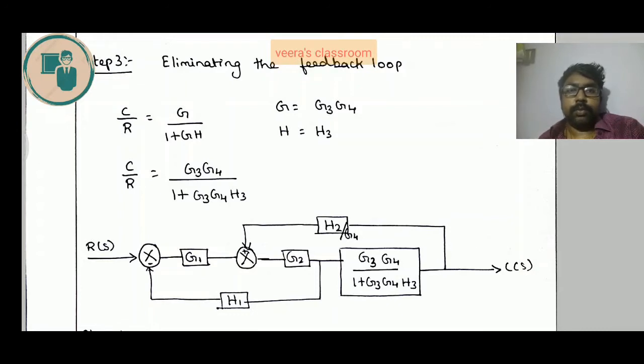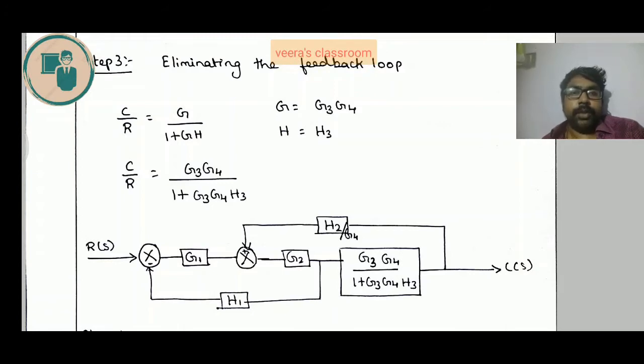Either you move the branch point between G2 and the next block, G3, G4 divided by 1 plus G3, G4, H3, to the right, or else you can move the branch point between G3, G4 divided by 1 plus G3, G4, H3 and the output to the left.